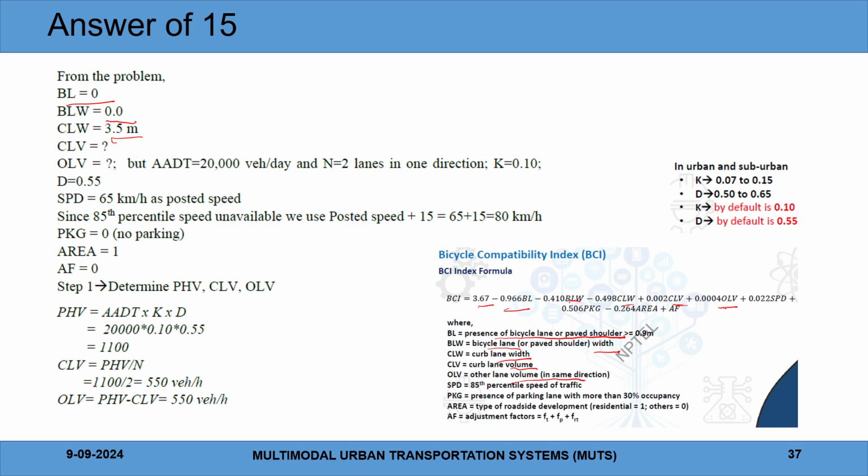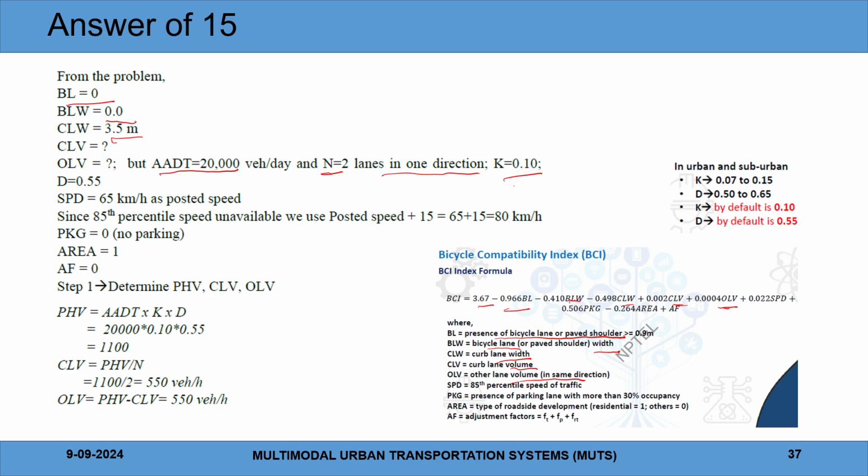these two, CLV and OLV, we need to calculate, and for calculating that, in the question it is given the AADT 20,000, N is 2 lanes in one direction, and K is 0.10.